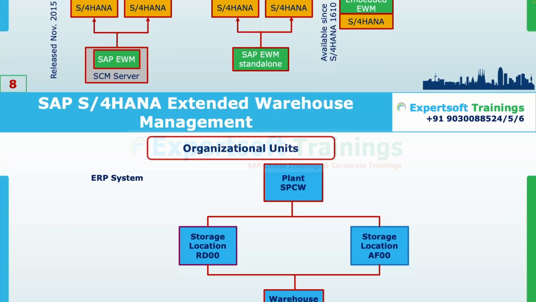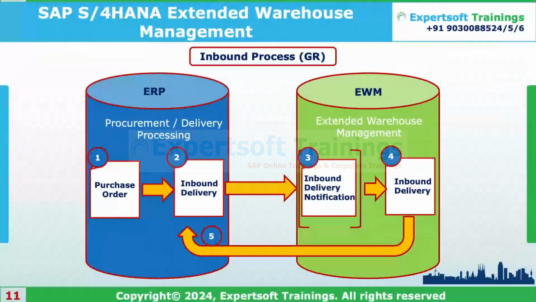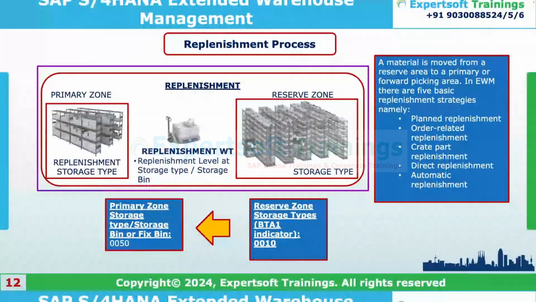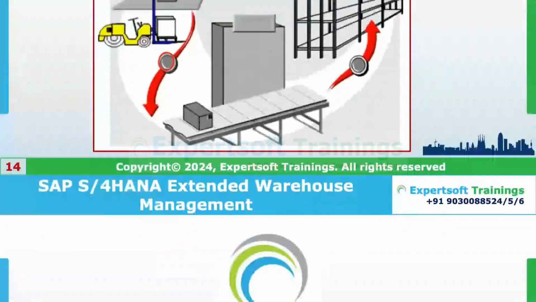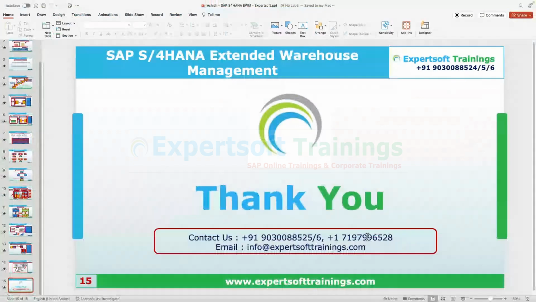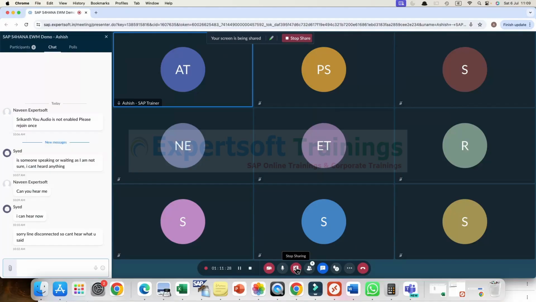Now, before I jump on to the org structure, this has fewer slides. Just give me a second. I will present one more slide. I don't know why this slide does not have those.